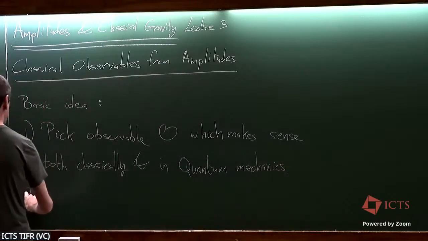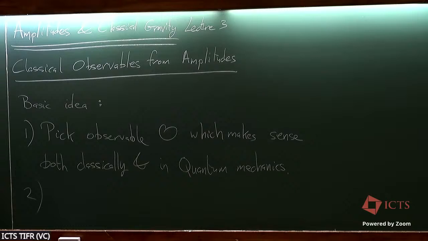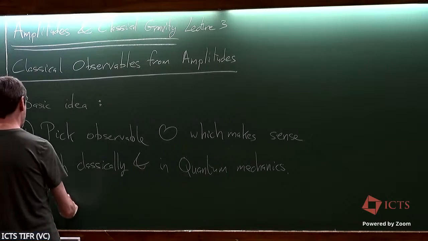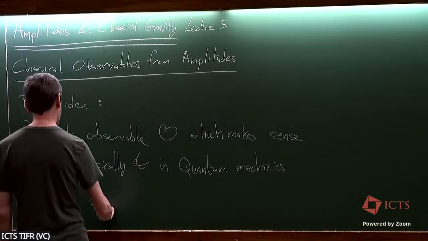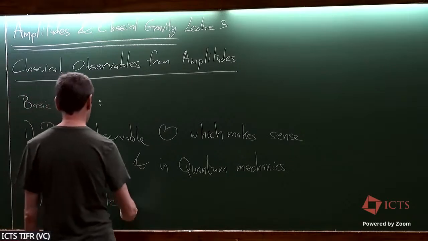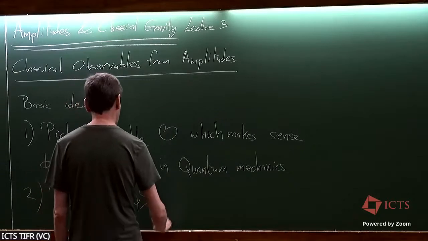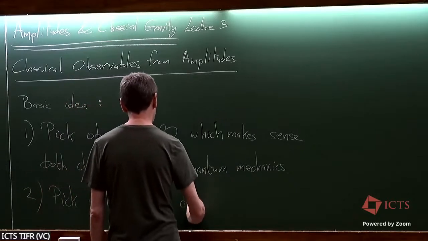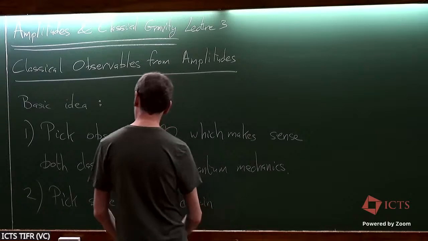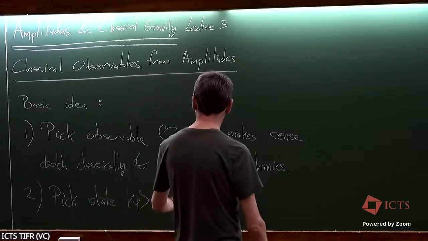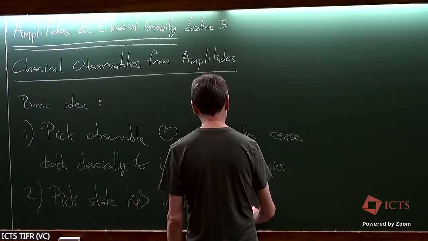Okay, so the second thing I've got to do is pick a state. I have to pick some kind of state because I'm doing quantum mechanics, using a quantum mechanical formalism. But I want to pick a state that happens to be in the domain of validity of the classical approximation. So I'll call the state psi, and I'll discuss this state in more detail in a few minutes. So the state psi has to have the property that whatever situation it describes is in the domain of validity of the classical approximation.